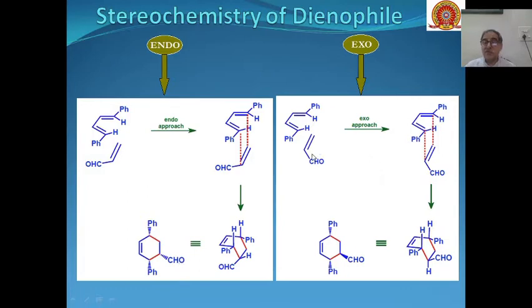Similarly, when this is exo, these remain outside, but this will become an inside substituent, so here this is having a beta configuration. So this is how endo or exo approach will lead to formation of different stereochemical products. The stereochemistry of the product formed through endo approach or exo approach will be different.